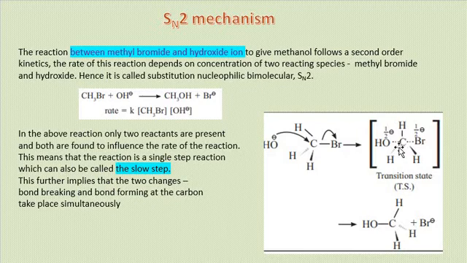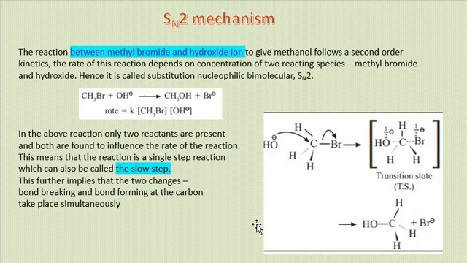Now, when an SN2 reaction is brought about at a chiral atom, which is an optically active substrate, the product would have the opposite configuration compared to the substrate.